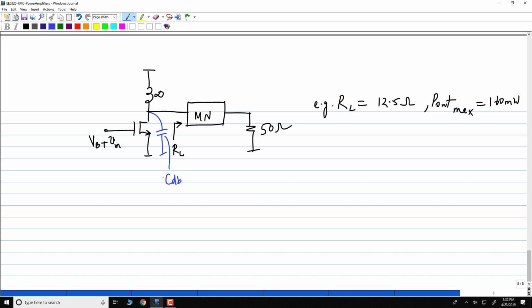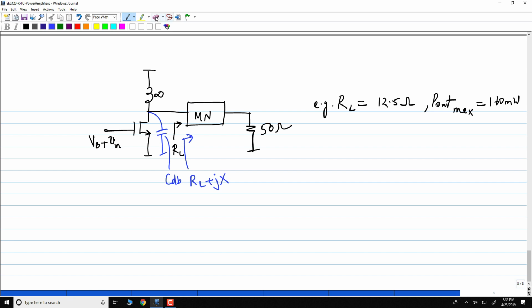That will give you even better bandwidth. That will give you the bandwidth of the matching network itself. You understand? There is some current being stolen into CDB at any frequency, right? You can improve the circuit by building the matching network to push that current into CDB so that signal current will flow into the load. So you basically match the input of the matching network, RL plus JX.